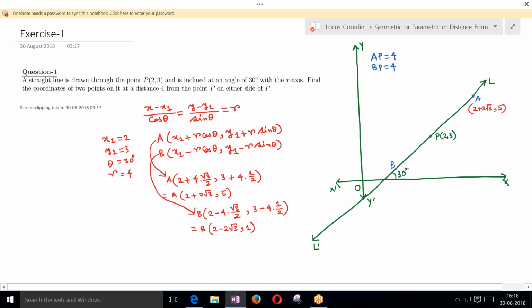So we get the coordinates of the point B as (2 minus 2 root 3, 1). So that is the solution to the question. I hope you understood it. In case of any doubt, please do let me know.